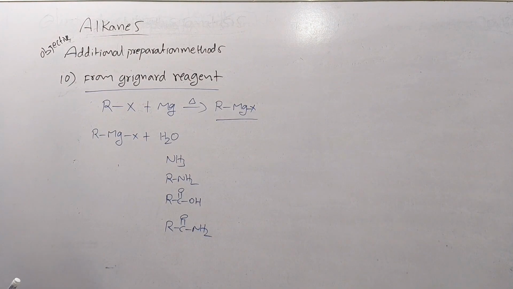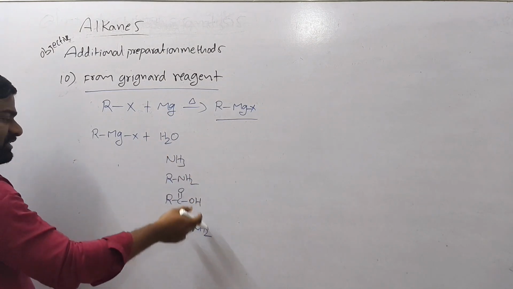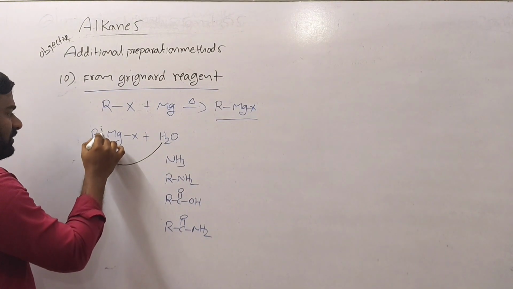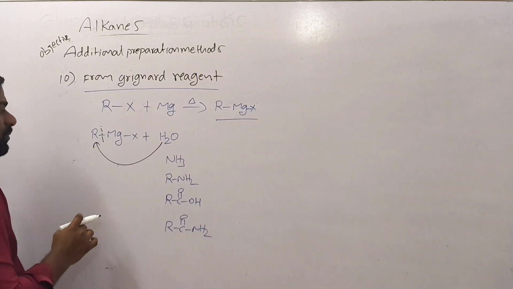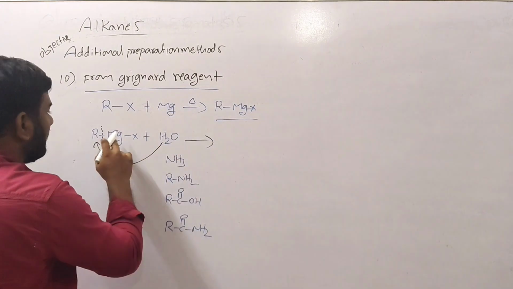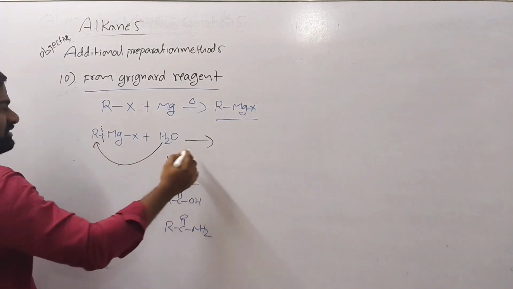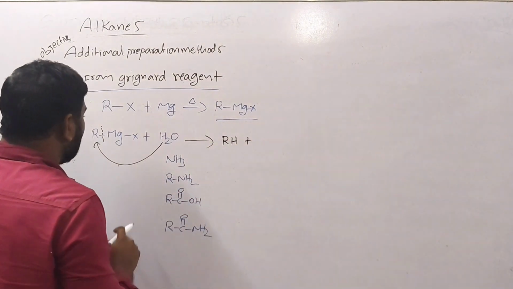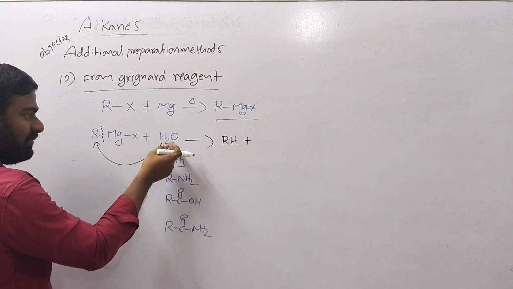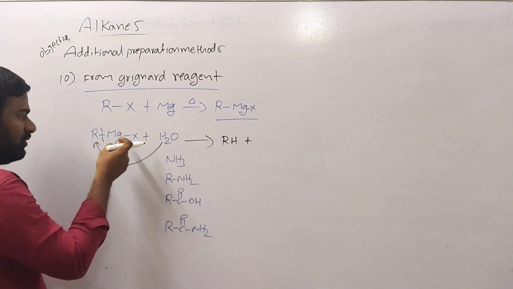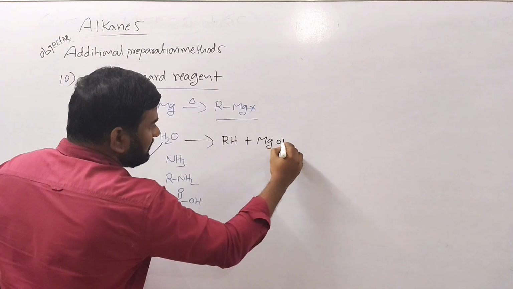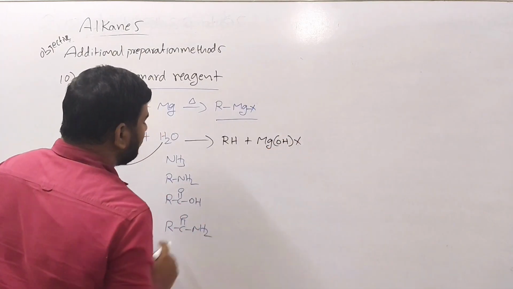In all these cases, the hydrogen is added to the R: you break the alkyl group and magnesium bond, and one H is added to the R, so you get RH. What is left after removal of one H? OH is left, and that OH is added to the Mg, so MgOHX is formed.